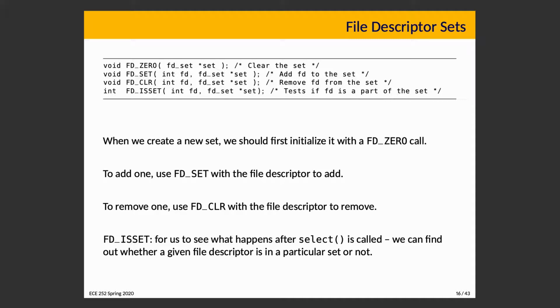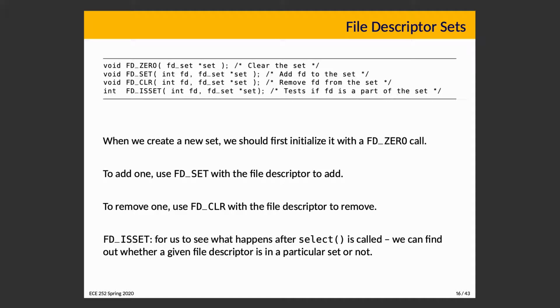And then int FD_ISSET turns out to return whether or not the fd is part of the set. Yes, it returns an integer, but in this case, int is used as a Boolean. C doesn't really have a Boolean, if you remember, so that's how it ended up being the way that it is. It returns an int instead.